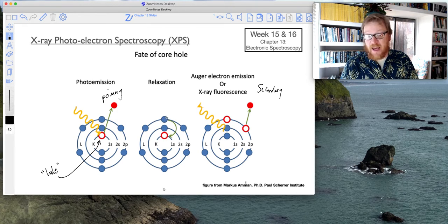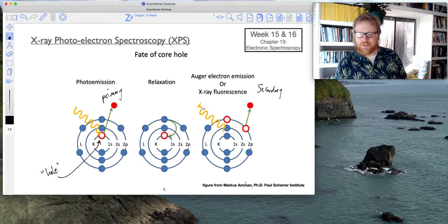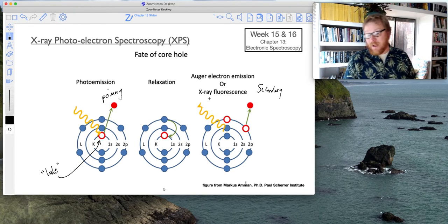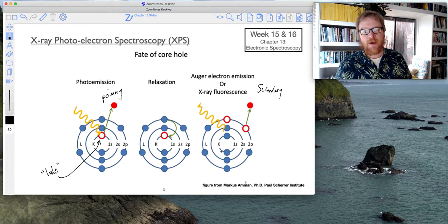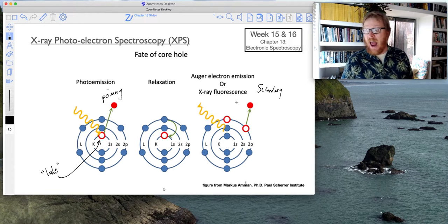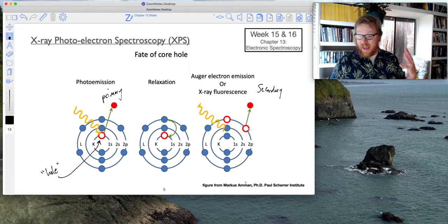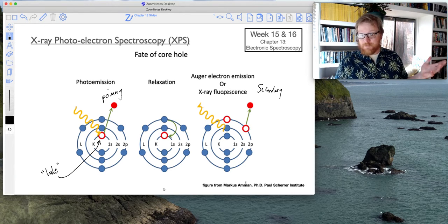Because that electron at a higher energy level is relaxing down to a lower energy level, that's going to give off some fluorescence, and that's going to be X-ray fluorescence. This is very much how that aluminum K alpha source of radiation works. Okay, so this is how we get those X-ray photons in the first place.